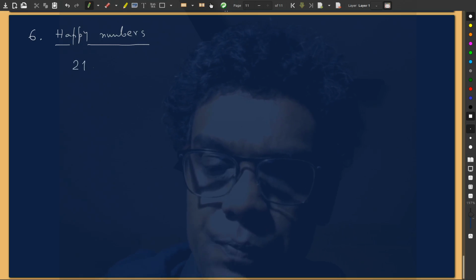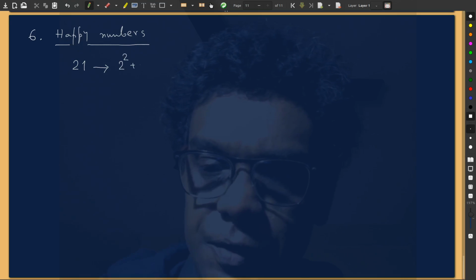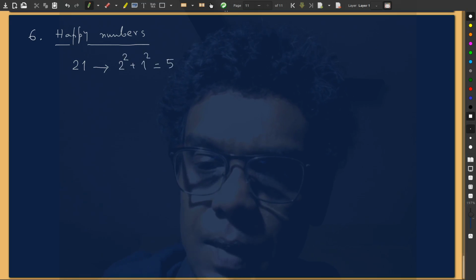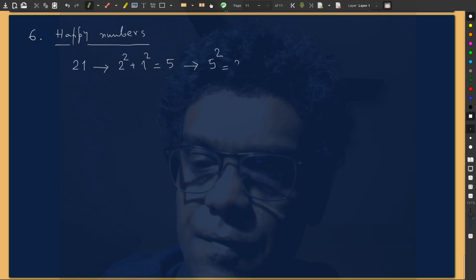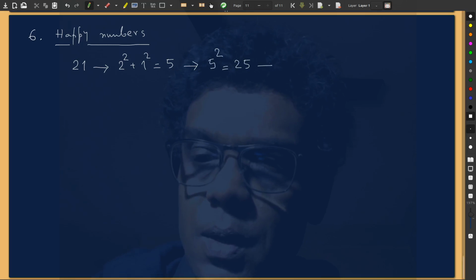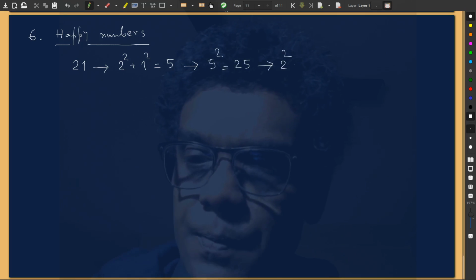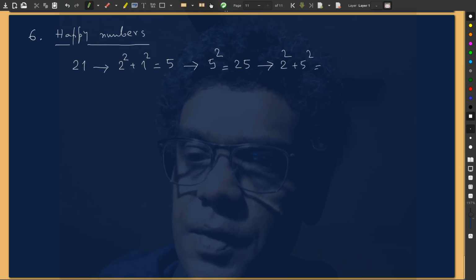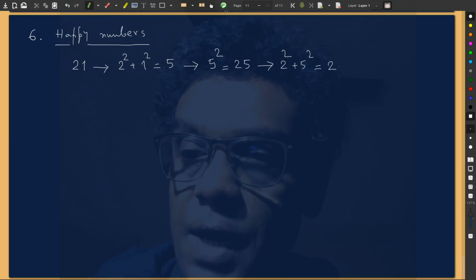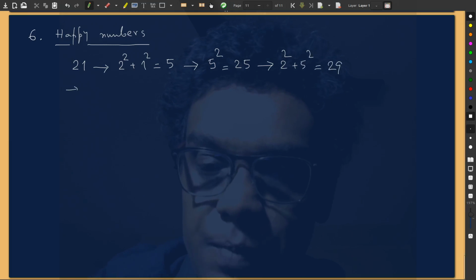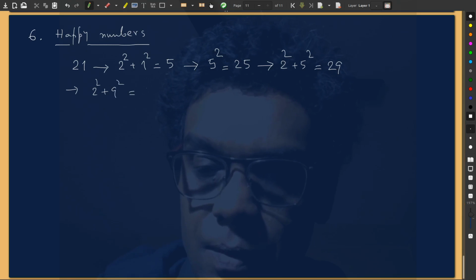From this I will generate the sum of squares of its digits, which in this case is 5, right? Then I keep on repeating this, 5 squared, which is 25. Once again I repeat it, 2 squared plus 5 squared. So how much is that? 29, right? From this I generate 2 squared plus 9 squared. So this is 4 plus 81.